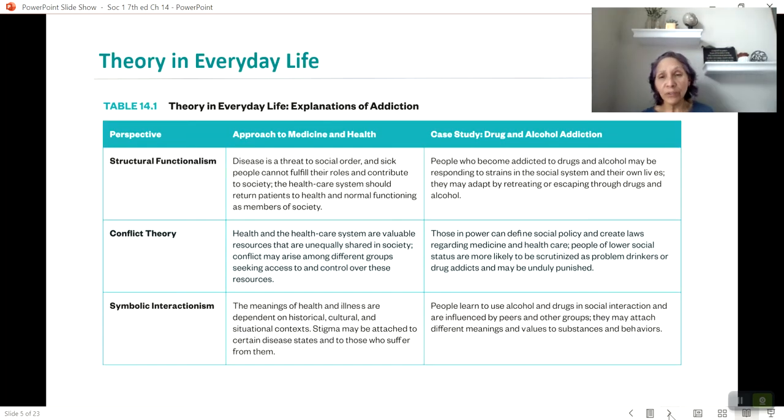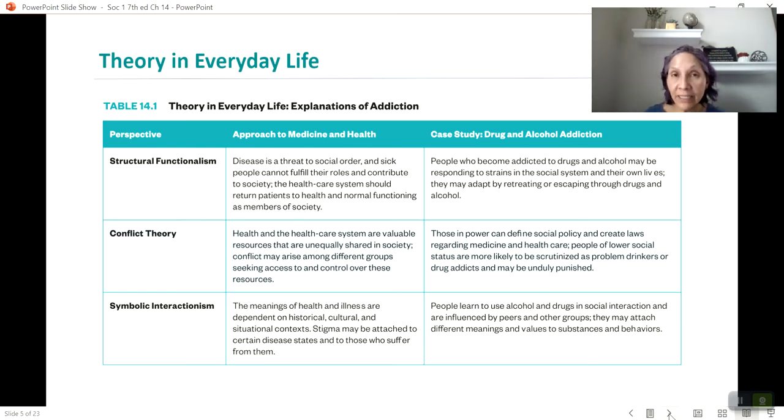Now I'm going to focus on the three perspectives here: structural functionalist, conflict, and symbolic interactionist theory. So for structural functionalist theorists, when they look at disease, when they look at illness, they focus on the idea that, okay, to have widespread disease within society is bad.